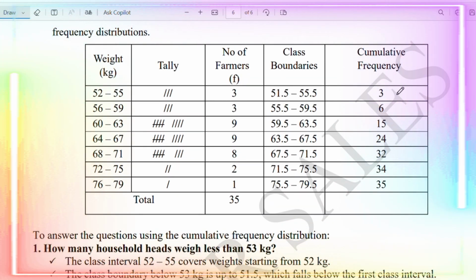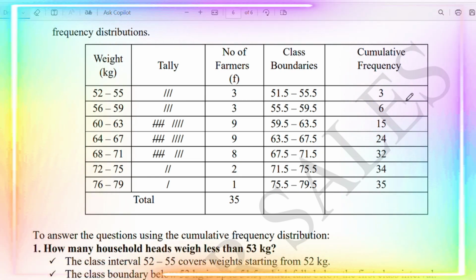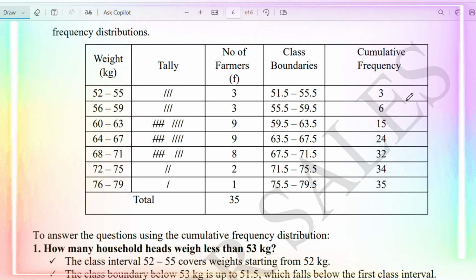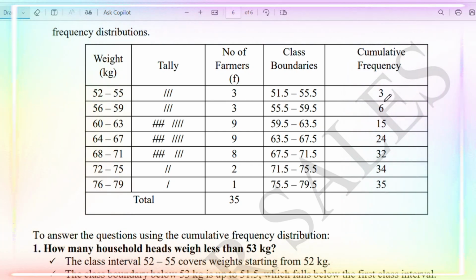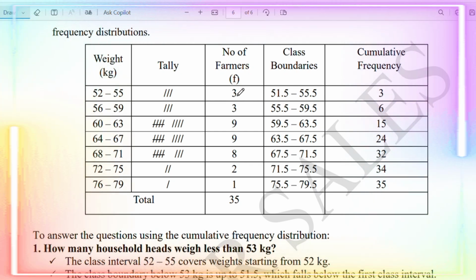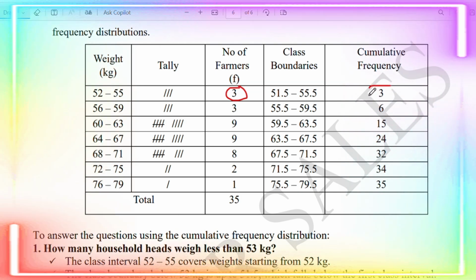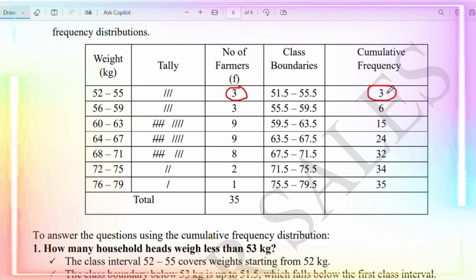And how do we obtain that? The cumulative frequency will be obtained for each class in the frequency distribution table. Now, for the first class, the frequency of the first class will still remain the cumulative frequency of that class.